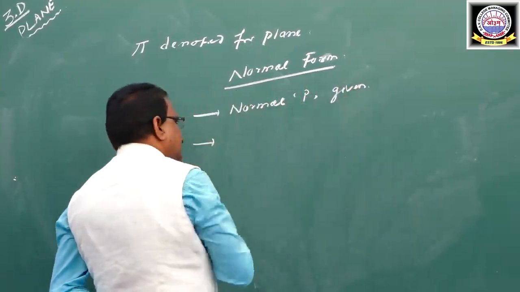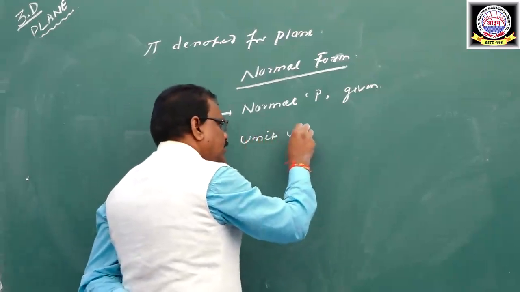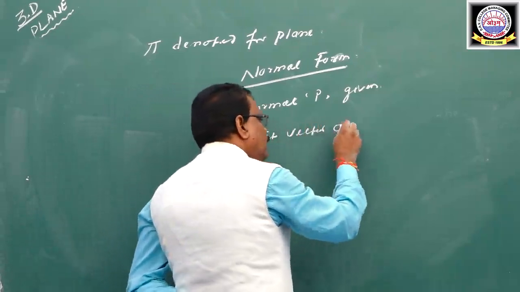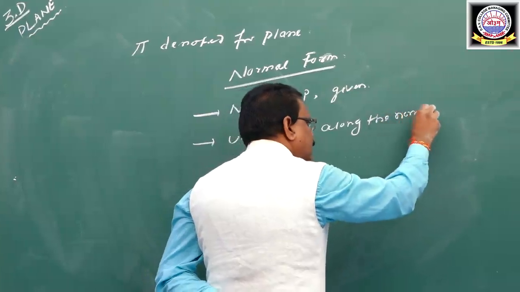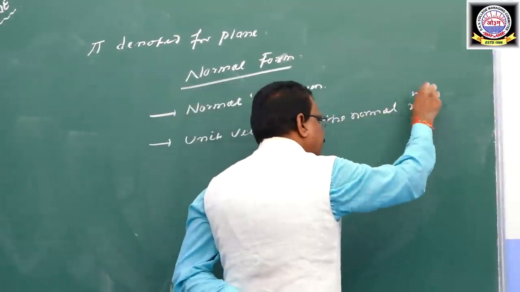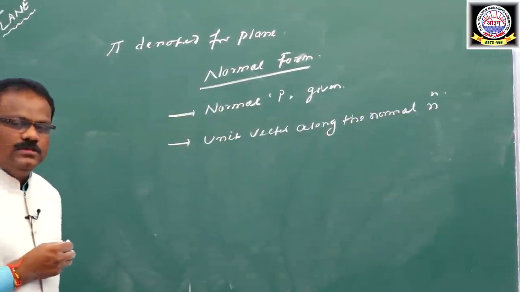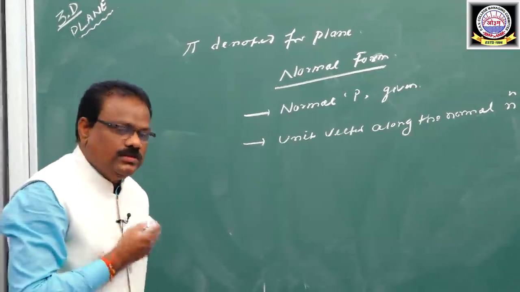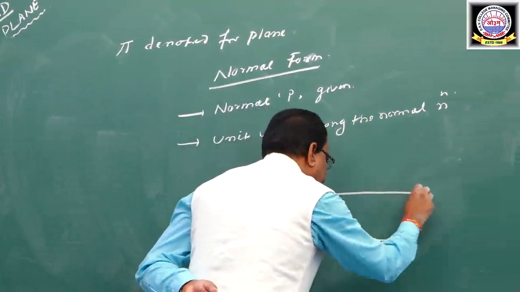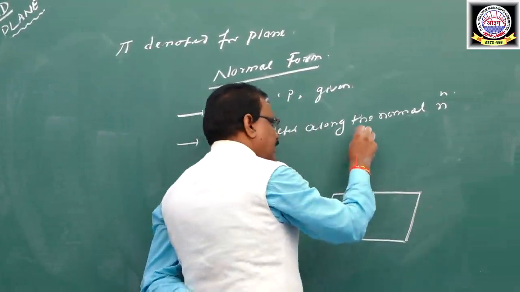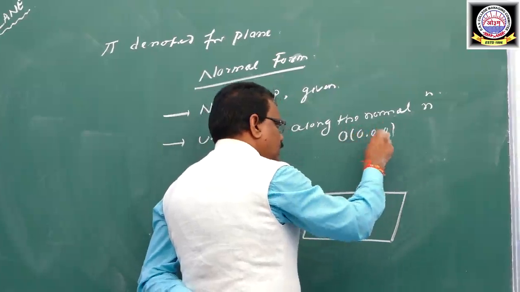Then what is the second thing given? The unit vector along the normal, n cap, that is given. Then see how to find the equation of the plane, which is called the normal form. Okay, I am taking one plane. So, this is the plane. Let this be the origin 0, 0, 0.